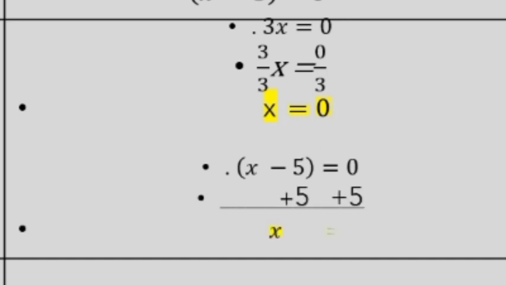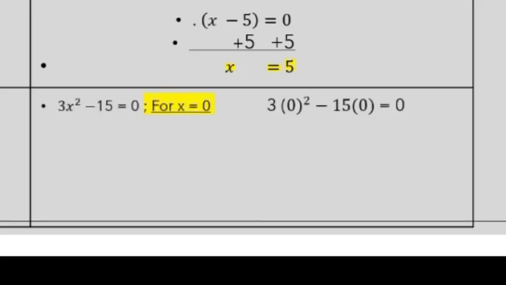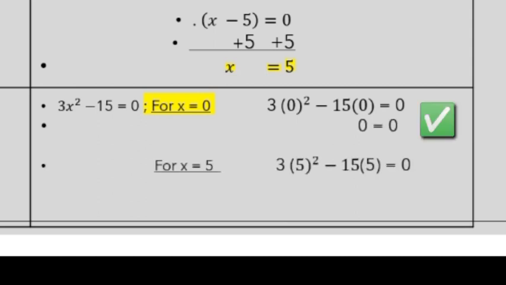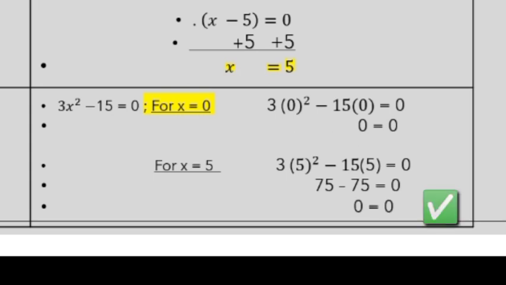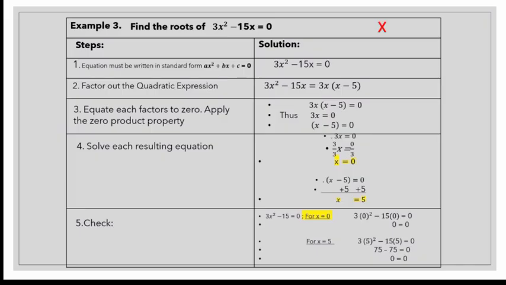Then x is equal to 5. The roots are 0 and 5. The last step, check. Then, the roots of 3x squared minus 15x equals 0 are 0 and positive 5.